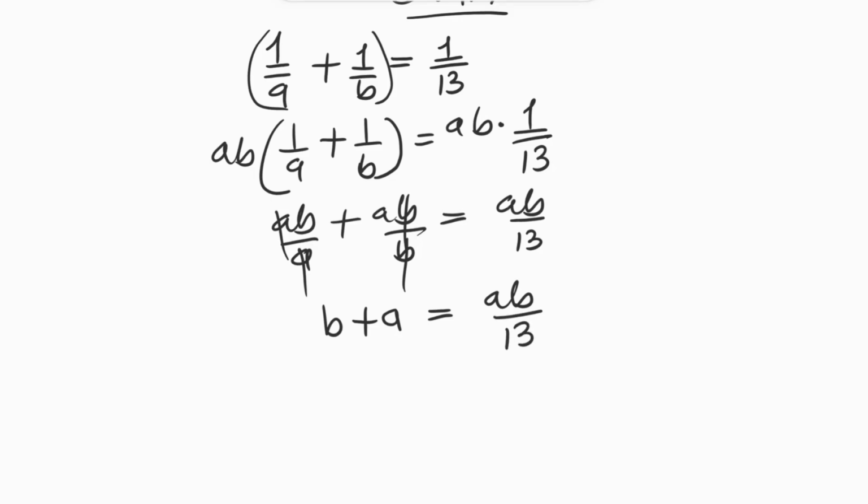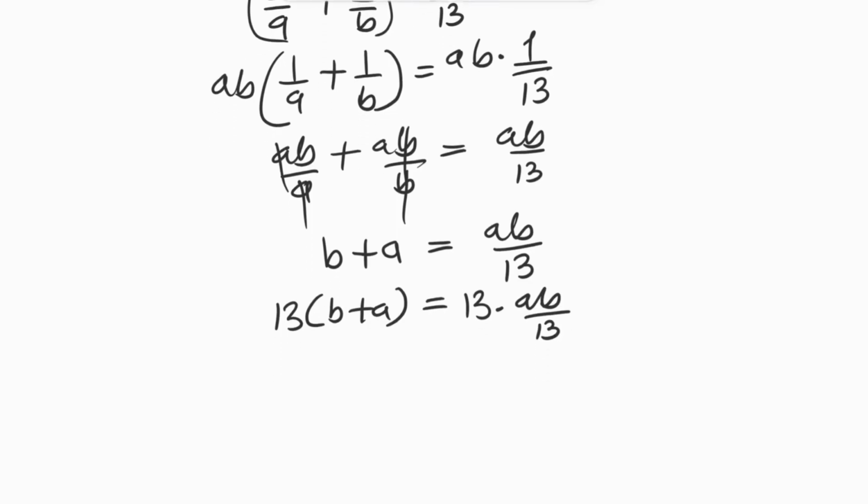Now, we can also get rid of the 13 in the denominator on the right-hand side by multiplying both sides by 13. And if we do that, we have 13 times (b plus a) equals 13 times AB over 13.